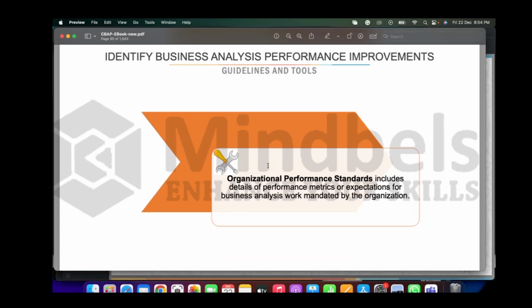Now, the guidelines and tools for this plan of identifying business analysis performance improvements: you have to include the details of performance metrics and expectations for business analysis work that is mandated by the organization. Now, you cannot do anything beyond the policies of the company, right?